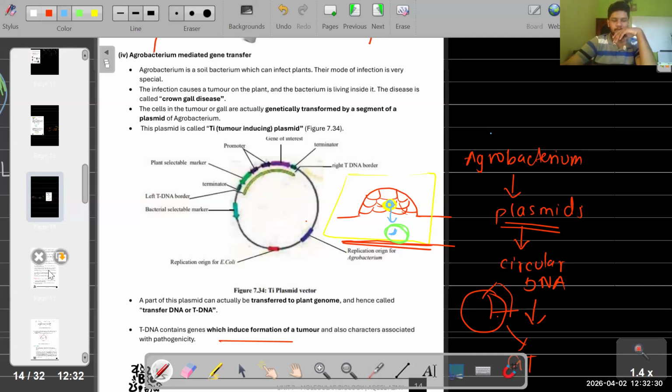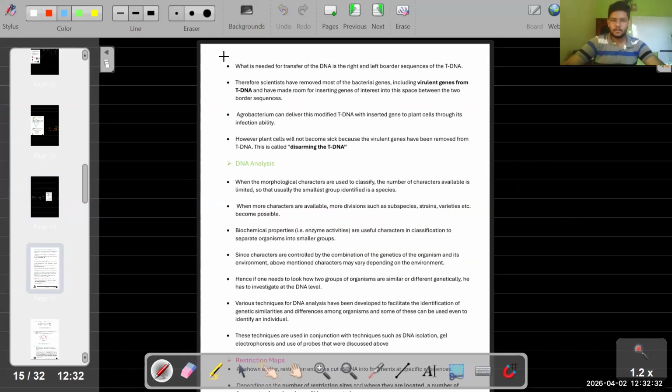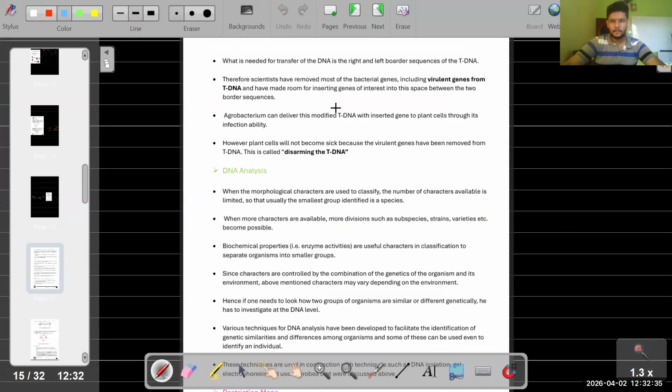Clear. Then let's move to the next part. Check this part also. Finally, clear.